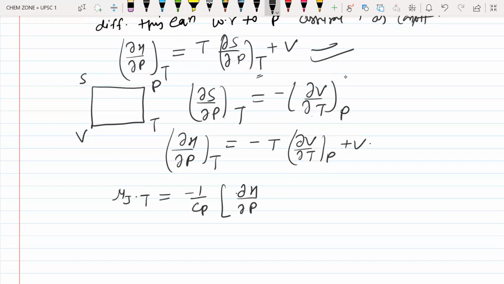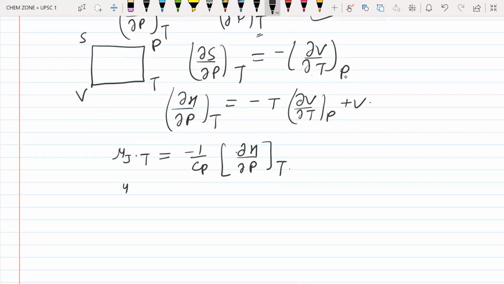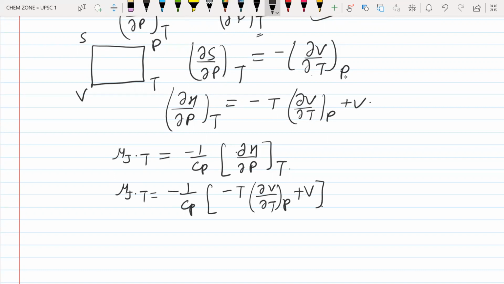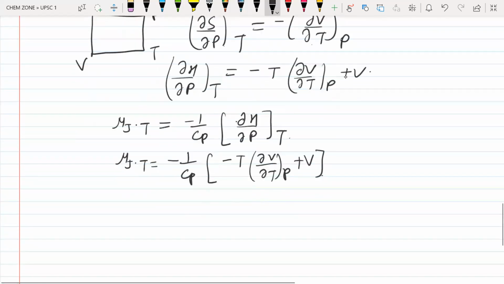This is the value of mu JT, which is commonly asked. This is another form of mu JT.